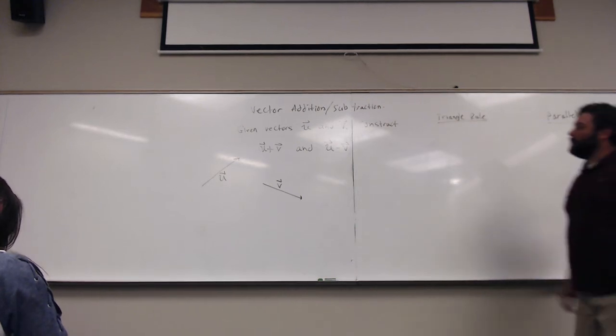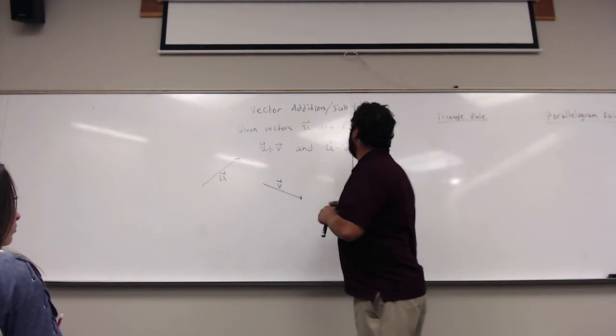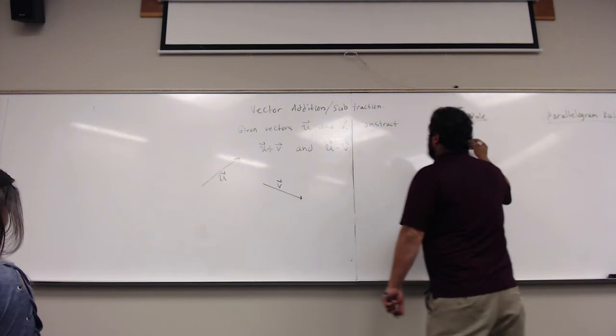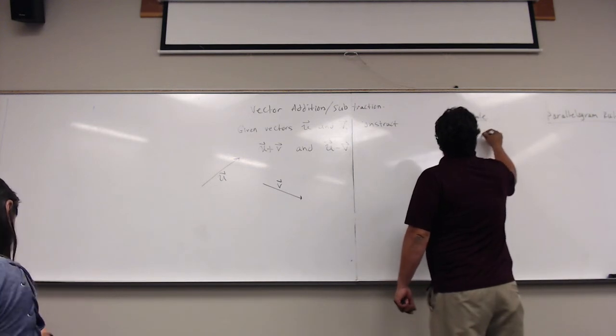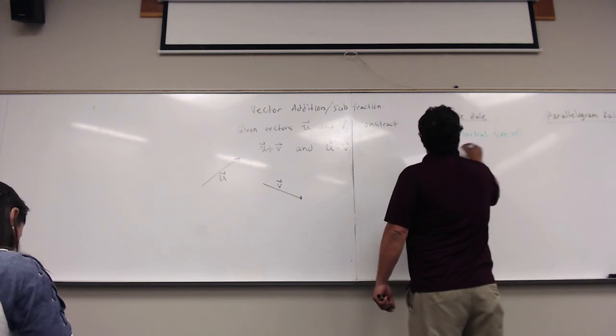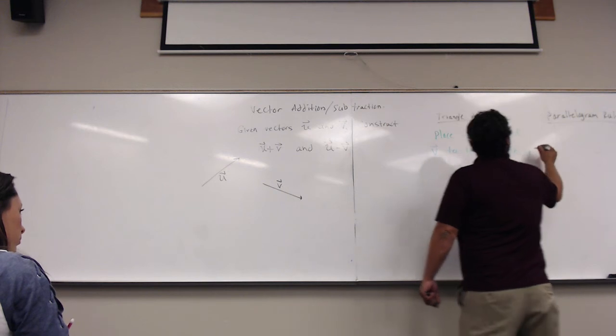For the triangle rule, if you're going to do u plus v, you place the initial side of v at the terminal side of u.